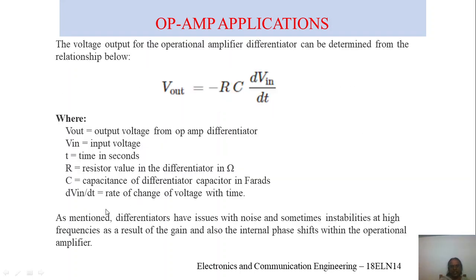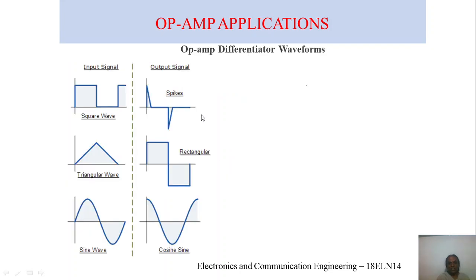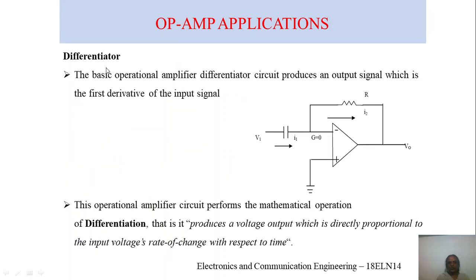As mentioned here, differentiators have issues with noise and sometimes instabilities at high frequency as a result of the gain and also the internal phase shift within the operational amplifier. So one of the important op-amp applications is the differentiator. Please note, don't be confused between integrator and differentiator.